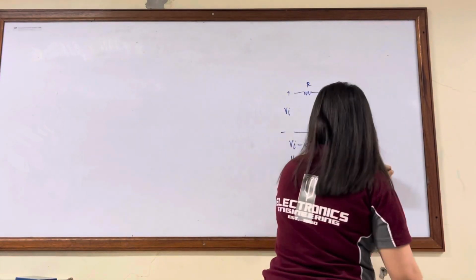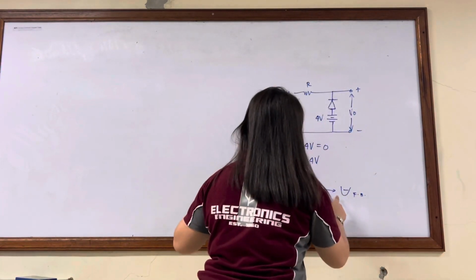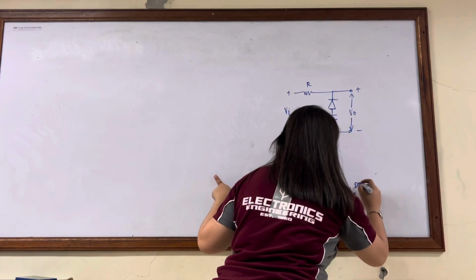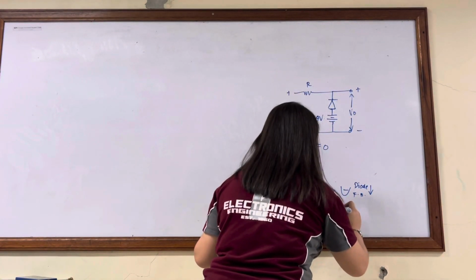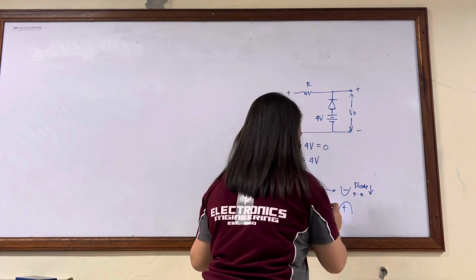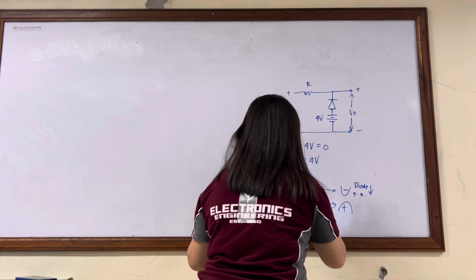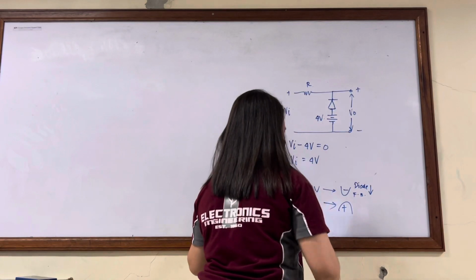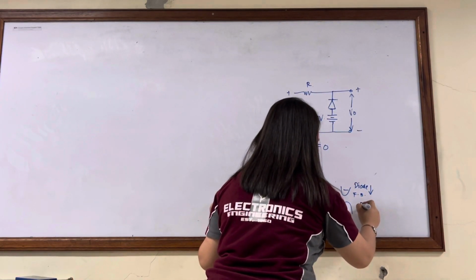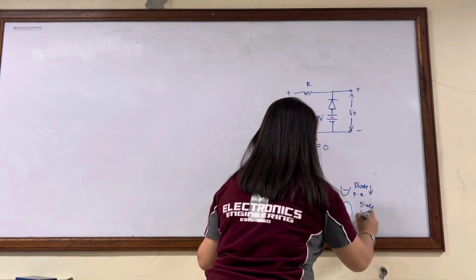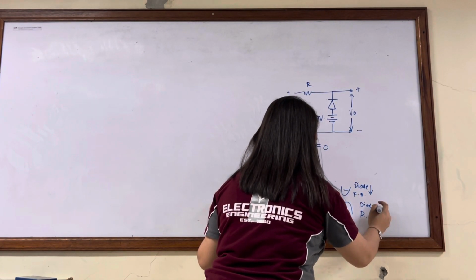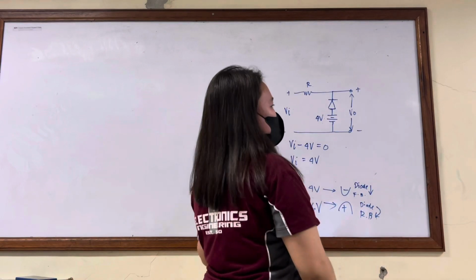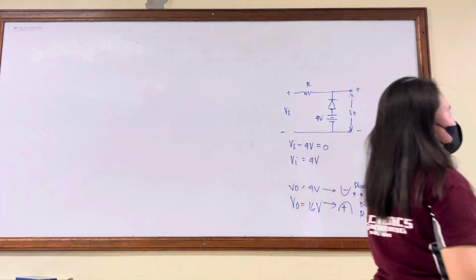On the negative half cycle, our diode is forward bias. On the positive half cycle, it is equal to 16 volts, which is our diode in reverse bias condition. Okay.